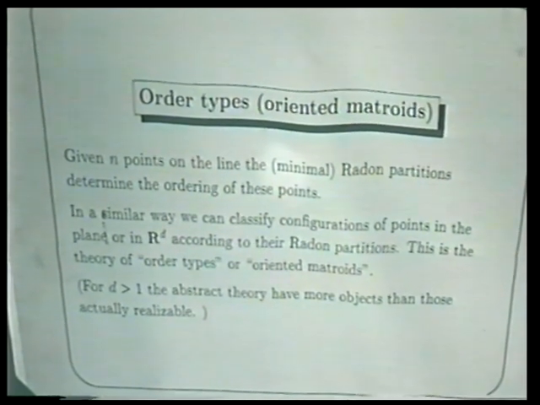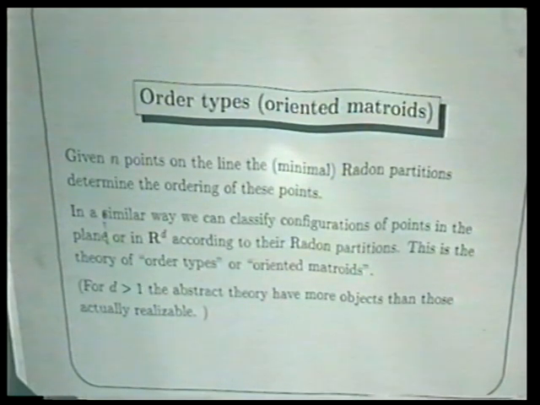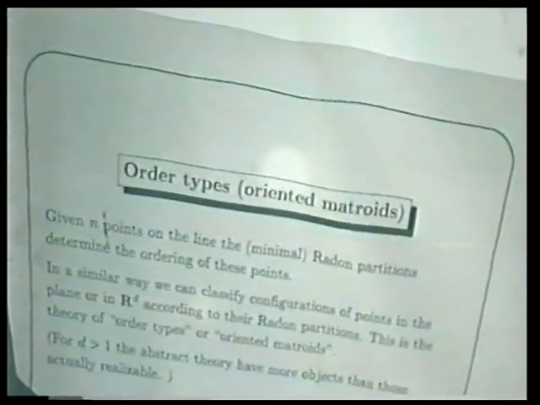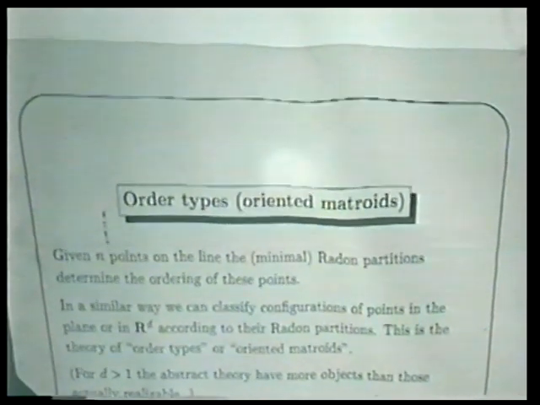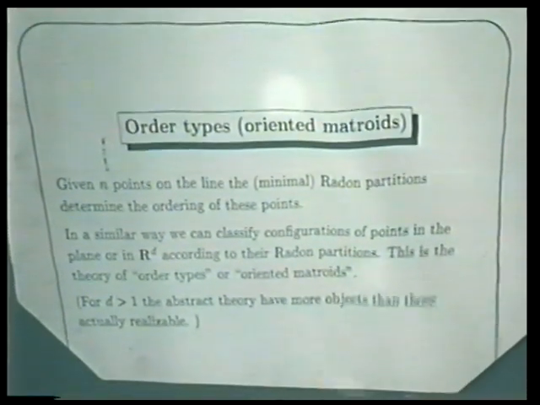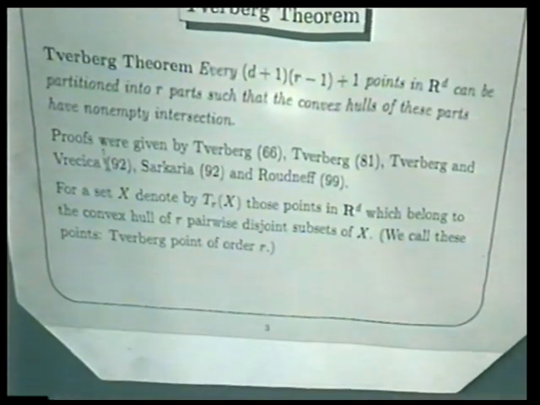When we have points in higher dimensional Euclidean space, two configurations with the same Radon partitions correspond to the same order type, or the same oriented matroid. This is a very useful notion in combinatorial geometry. And indeed, there is an axiomatization which gives you more abstract objects which are not always representable.